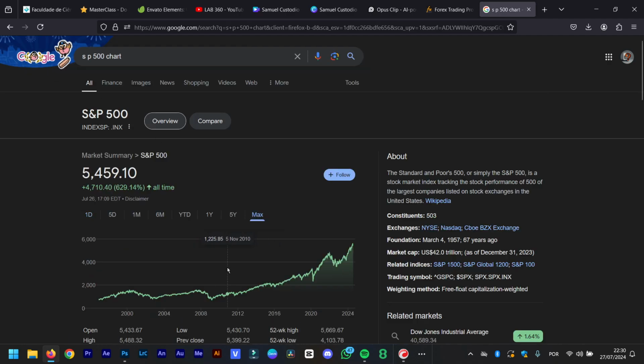We had the pandemic here in 2020, but even though we had it, the chart went back up. We had the 2008 crisis and the 1999 crisis, and it doesn't matter how bad a crisis we have, we always tend to get back up. And especially in an index that is this strong, such as the S&P 500, we do know almost for sure that the chart is going up in the long run, okay?